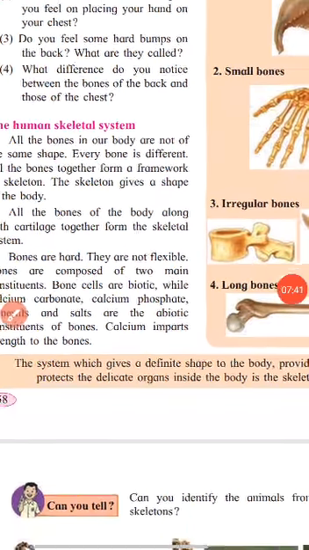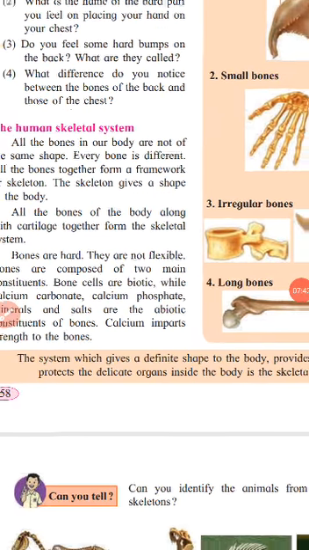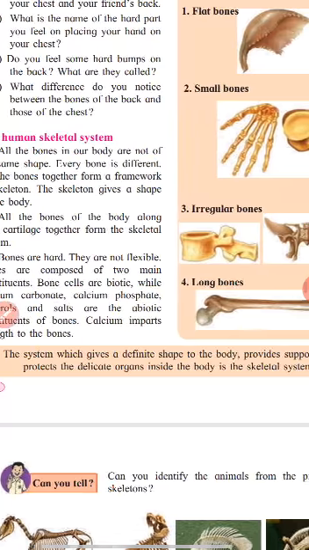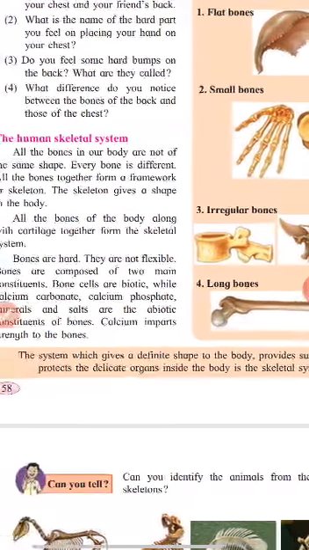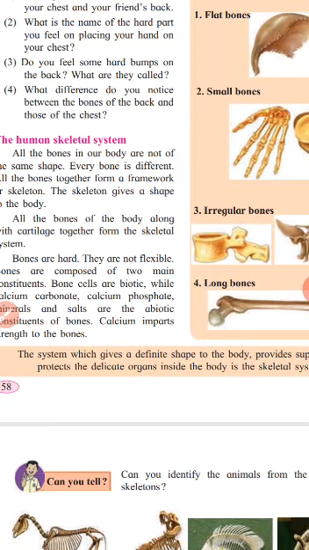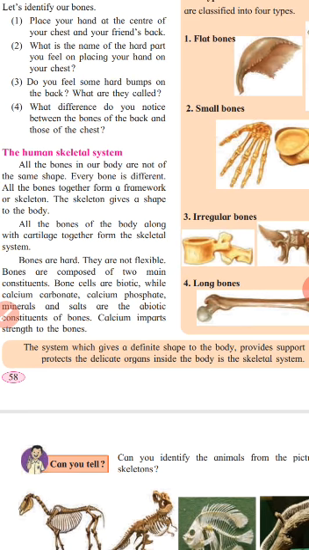Now students, the system which gives a definite shape to the body, provides support and protects the delicate organs inside the body is the skeletal system. As you can see, there are three things. First, the skeleton gives us shape.